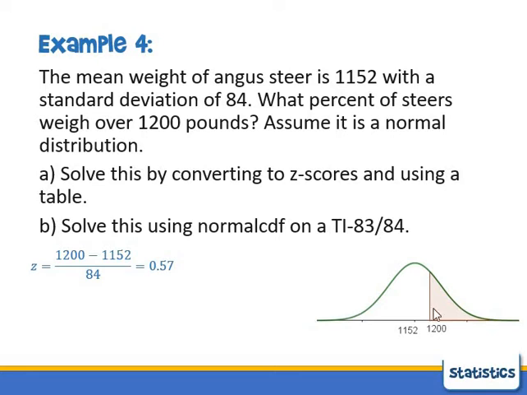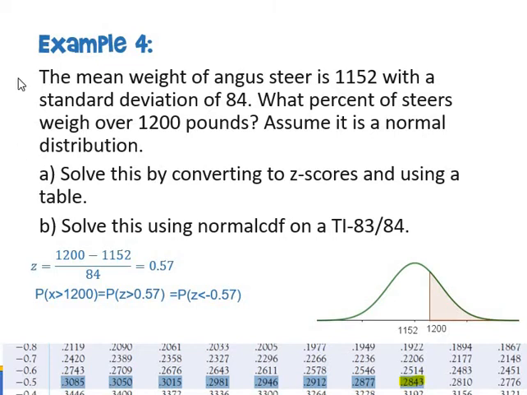And then, if we wanted to find that area, I would have to use symmetry on my table. I'm going to write in terms of probability: the probability that if I randomly selected a steer, the weight would be greater than 1200, that's the same as the probability that its z-score is greater than 0.57. I'm going to use the symmetry of the table, since the table is set up for less than problems, to do the probability that z is less than negative 0.57.